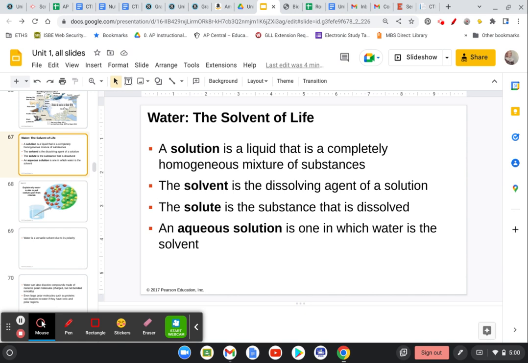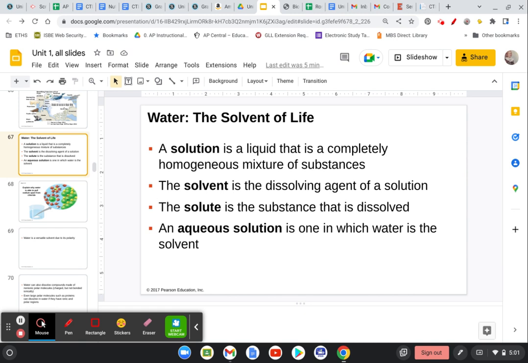Like you take milk and chocolate syrup and put them together, and you now have a solution that we call chocolate milk. The solvent is the dissolving agent of the solution, and the solute is the thing that's dissolved. So in this scenario, the solvent would be the milk, which is primarily water, and the solute is the thing being dissolved into the solution, and that would be our chocolate syrup.